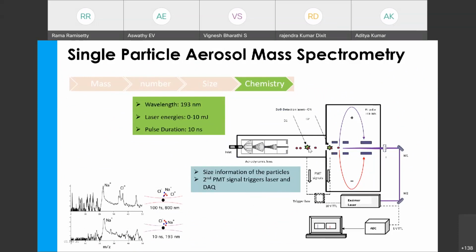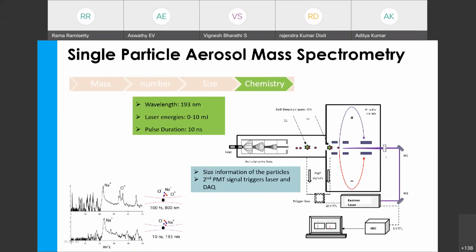Because it is measuring size and number, it can calculate the mass easily. It will give you PM2.5, PM10, even smaller. So do we get the size distribution as well as the chemical composition? Size, number, mass, and chemical, all at a time.